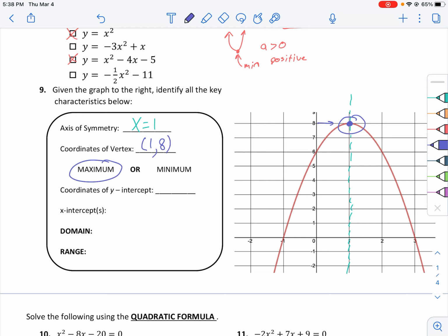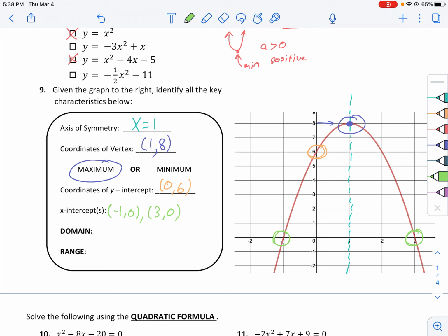That is the highest point of this graph. Coordinate of the y-intercept, we're looking where we cross the y-axis, and that would be right here at 6, so then we're 0, 6. Our x-intercepts are where we're crossing the x-axis, so right here at -1, right here at +3. How you write these, it's the x value, so -1, 0, and +3, 0.